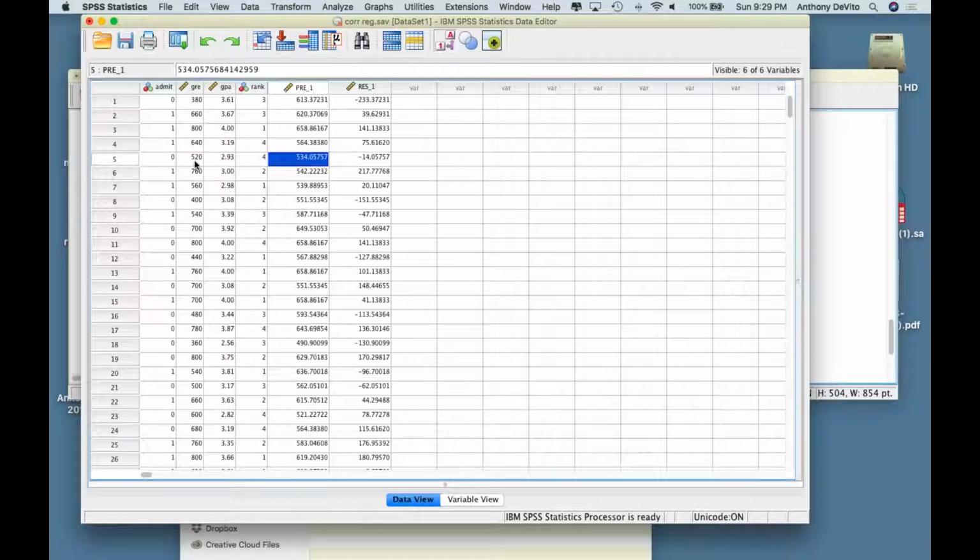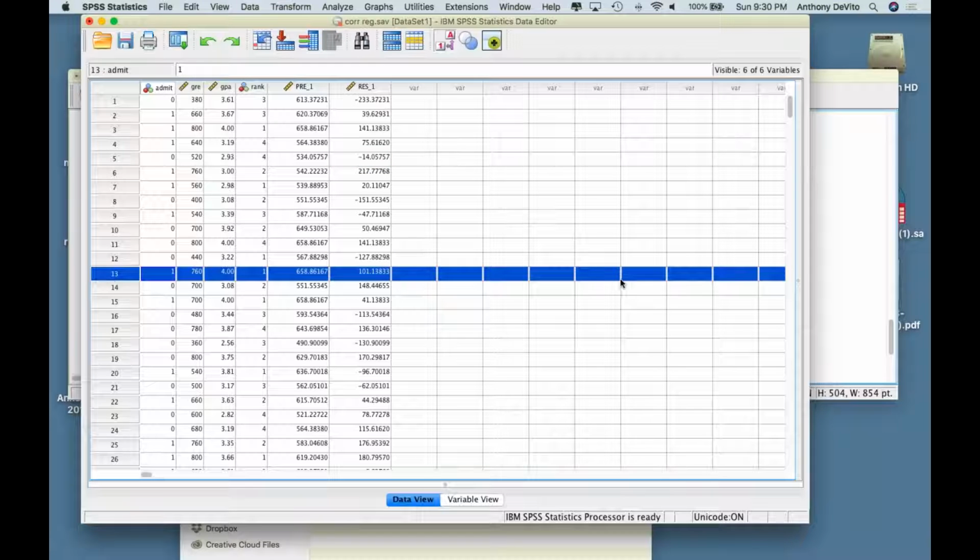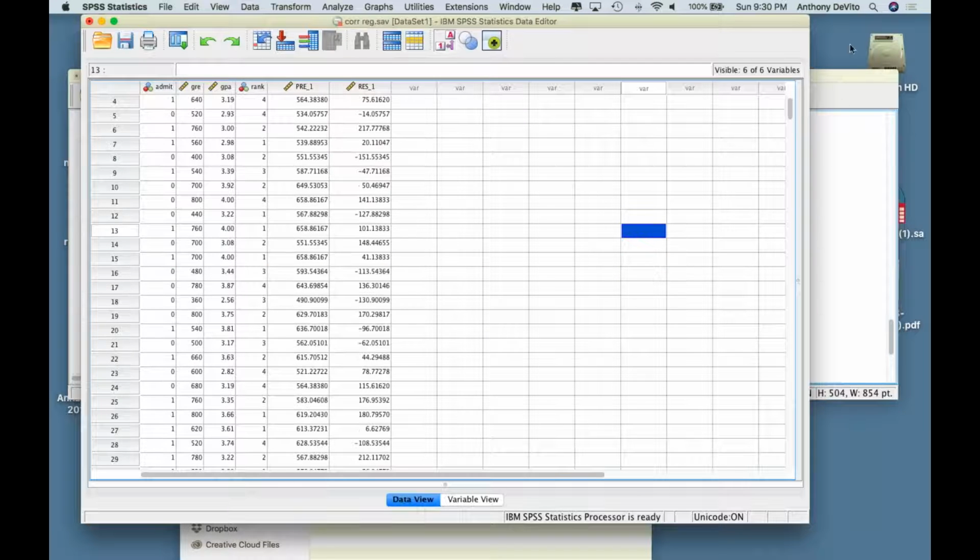In fact, we know that person had a score of 520. So the difference between these two is the error that was built into our formula. And instead of error, they call it the residual. So this is the residual difference between the two. In other words, the real value was 14 points lower than what we had predicted. And it actually did this for every one of these people, not just for new ones that you might put in there.